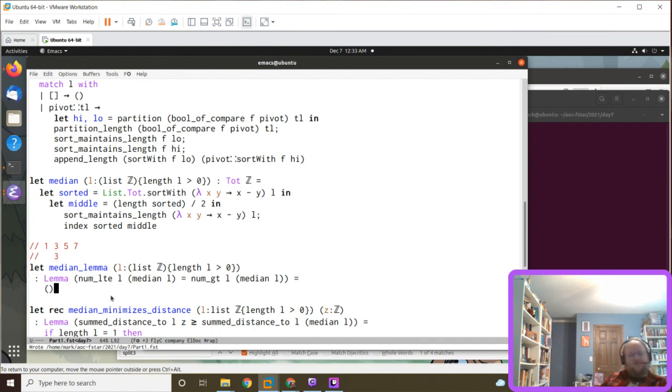Not without proving something about the relationship with the median. Okay, so if we got a sorted list, do we know enough to prove that?